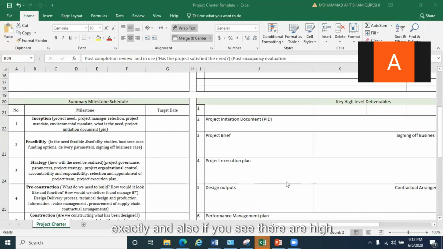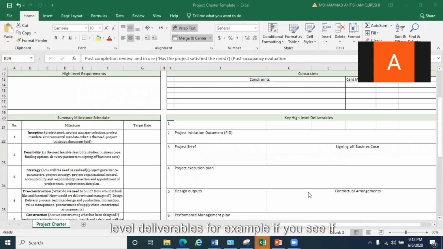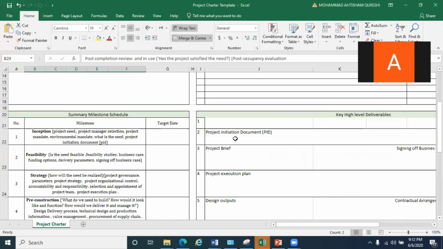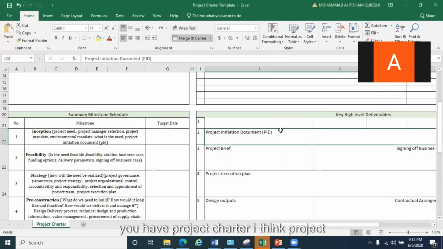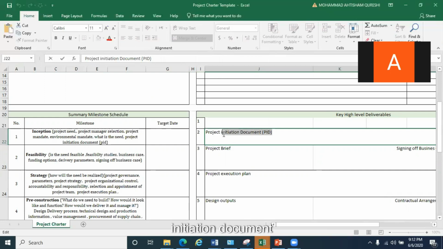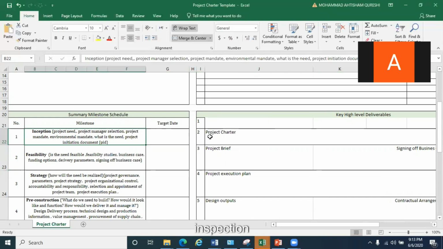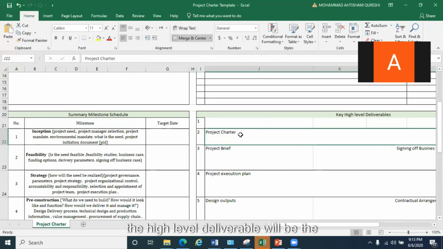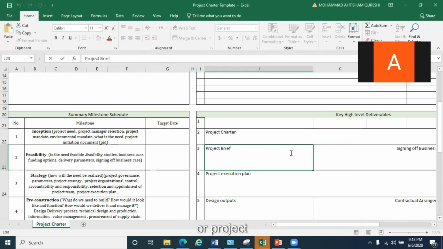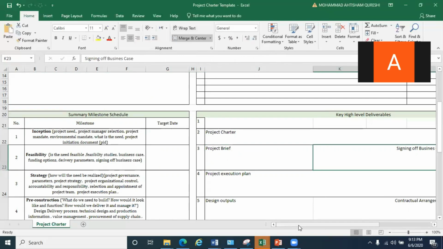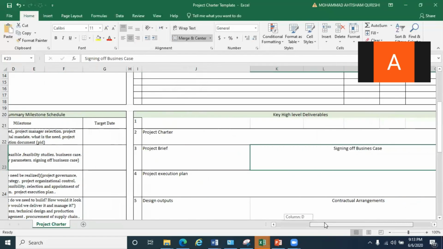Exactly. And also, if you see, there are high level deliverables. For example, the project charter, or the project initiation document, the other name of it is project charter, as we are talking about. So in the inception, the high level deliverable will be that the charter is ready, the project brief or project management plan, the project brief, the business case.